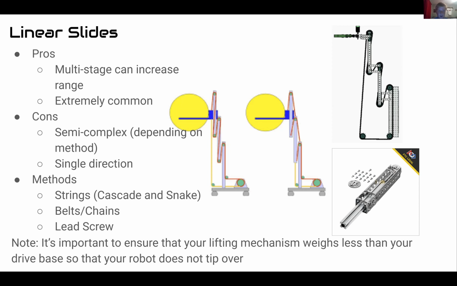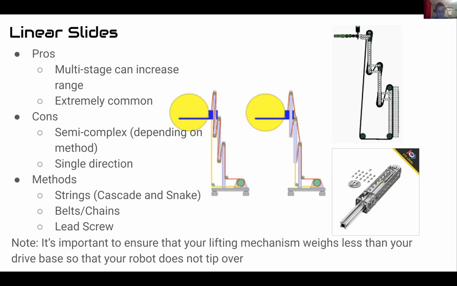The cons are that they can be very complex, and you'll have to move your robot around to get the lift lined up in the same area. Some methods to do the actual lift of the slide are string, belts and chains, or a lead screw.